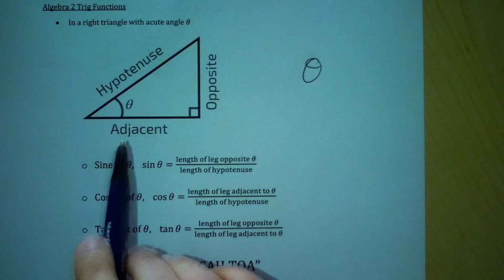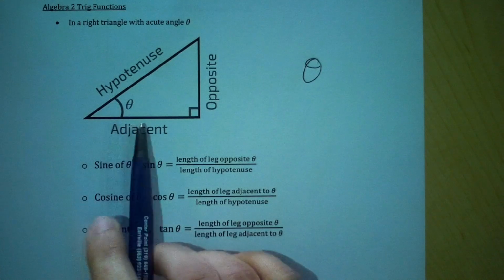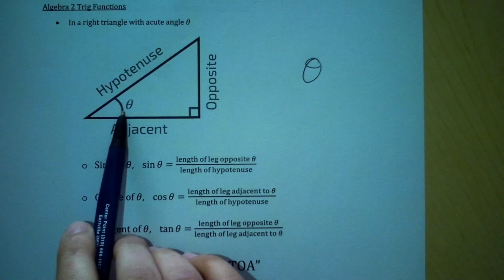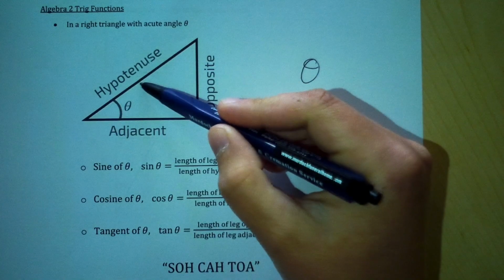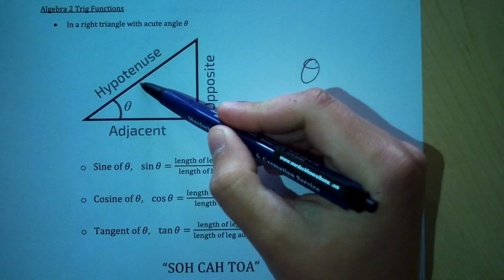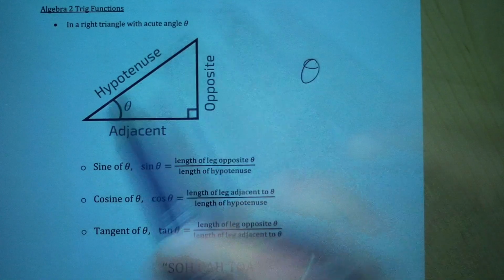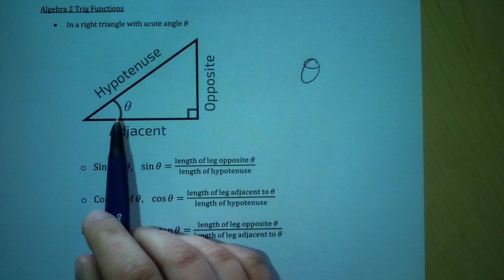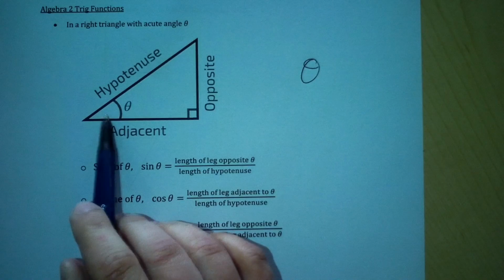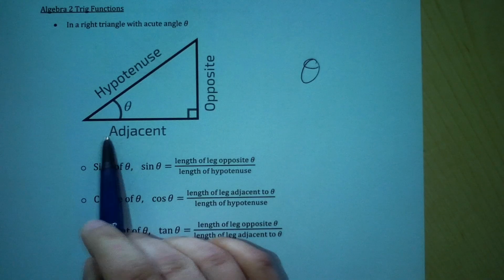If we're talking about this angle specifically, we need to know information about the sides. We know the side opposite the 90-degree angle is always our hypotenuse, right? That's important. Then these other two sides are also important, and they're based on where the angle is. If this is the angle we're talking about, the side that is touching it is called the adjacent side. The side that is not touching it is called the opposite side.